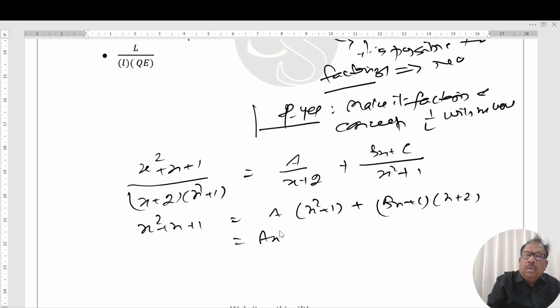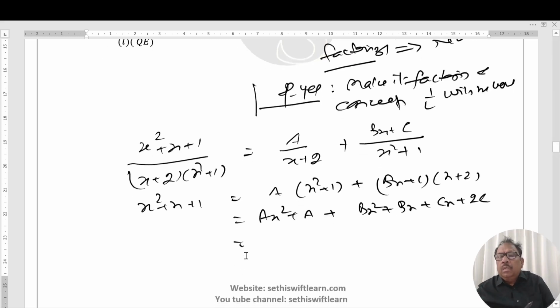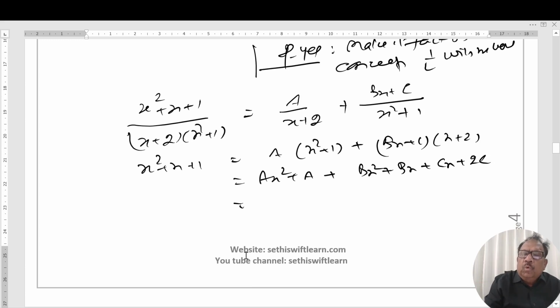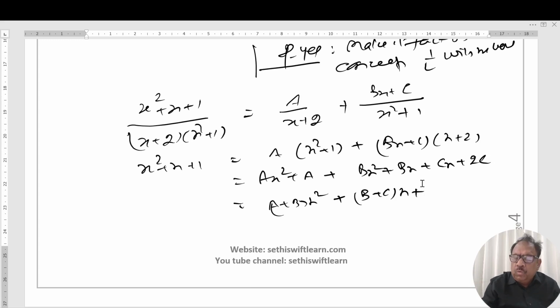Now, Ax square plus A plus bx square plus 2bx plus cx plus 2c. We group it. This comes out to be (A plus b)x square plus (2b plus c)x plus (2c plus A).